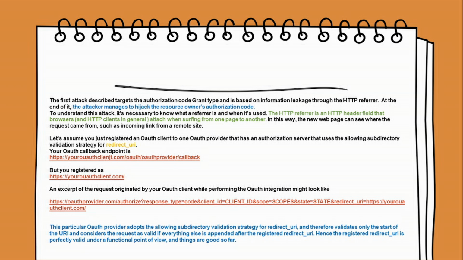Let's assume you just registered an OAuth client with an OAuth provider that has an authorization server that uses the allowing subdirectory validation strategy for redirect URI, as we talked about in the previous section.